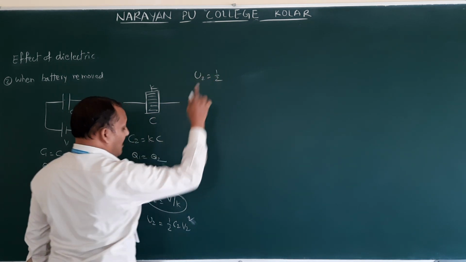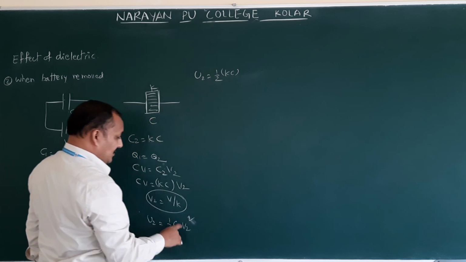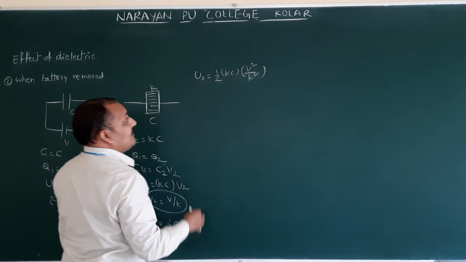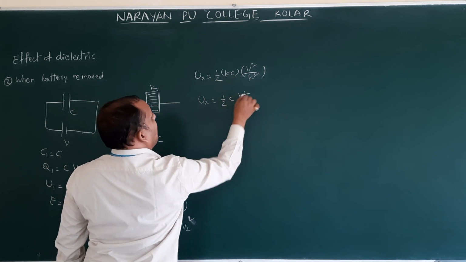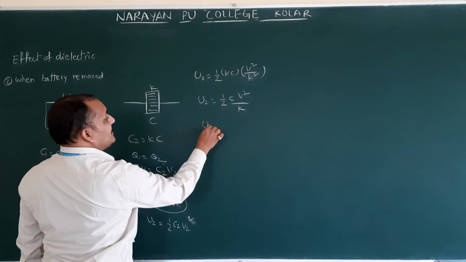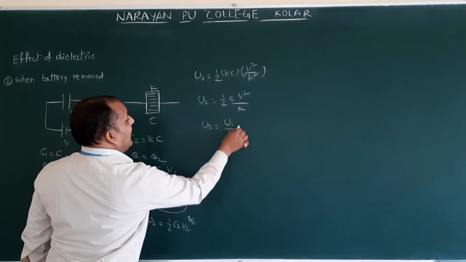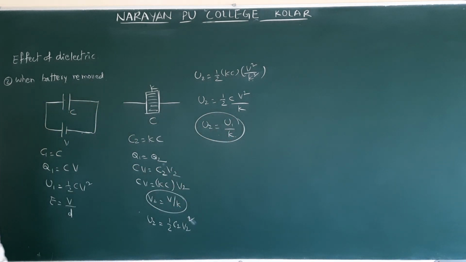U2 is equal to half C2 V2 square. The C2 value is KC, and the V2 value is V by K, so V2 square is V square by K square. Then U2 is equal to half CV square by K, one K is cancelled. Then U2 is equal to U1 by K. The potential becomes V by K, and the energy becomes U1 by K.